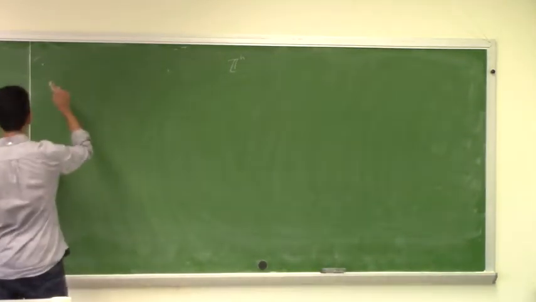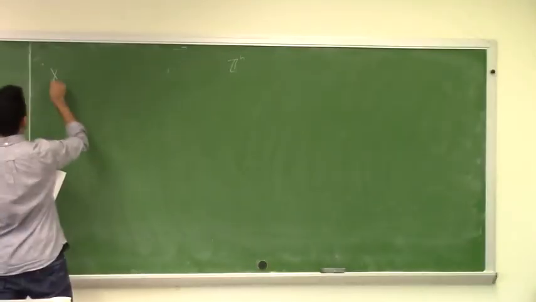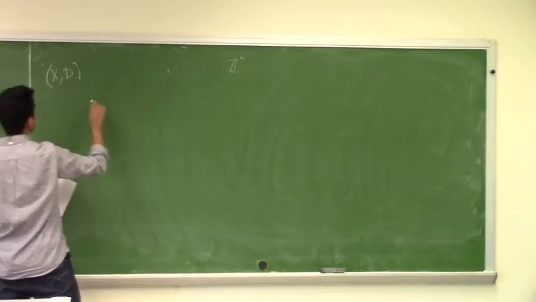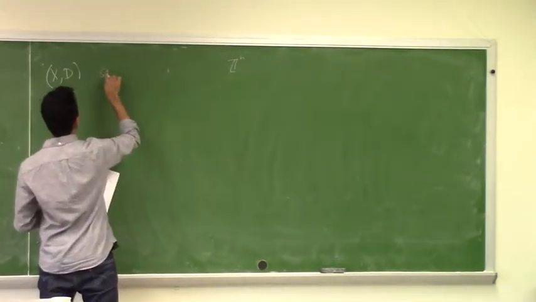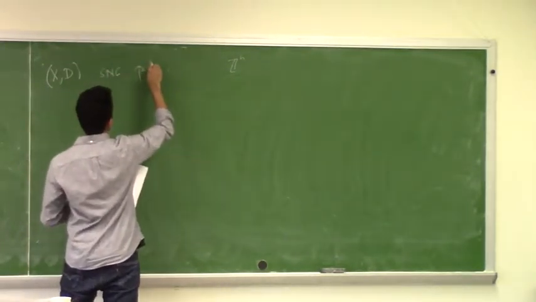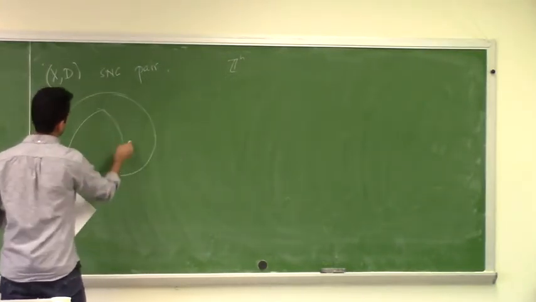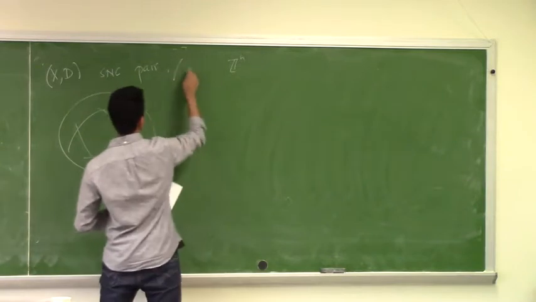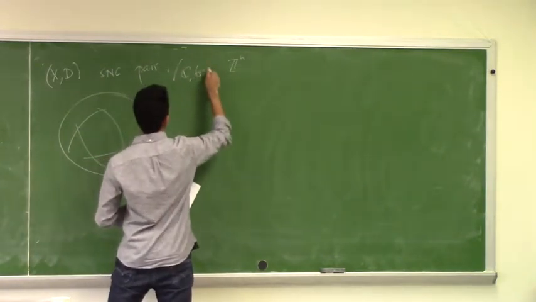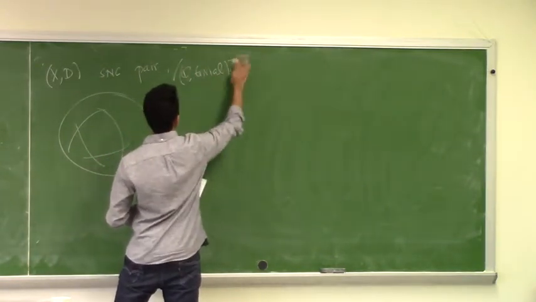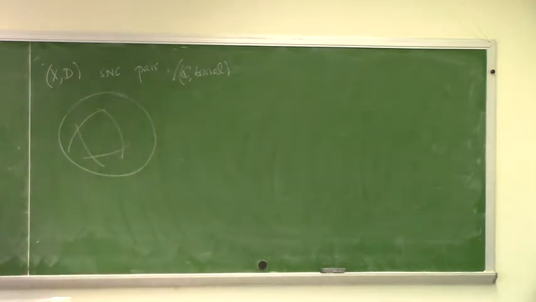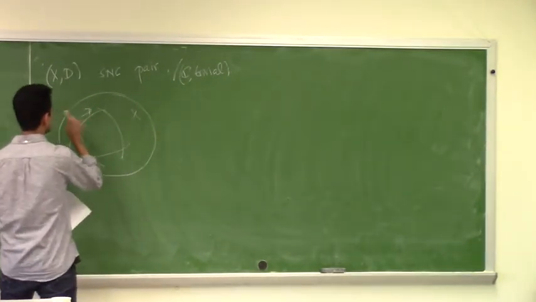Okay, so let me tell you how this works. Here's a much more general setting. Let's take a simple normal crossing pair. And from now on, at least for now, let me say I'm working over the trivial valuation. So my variety looks like this. The divisor looks like this.